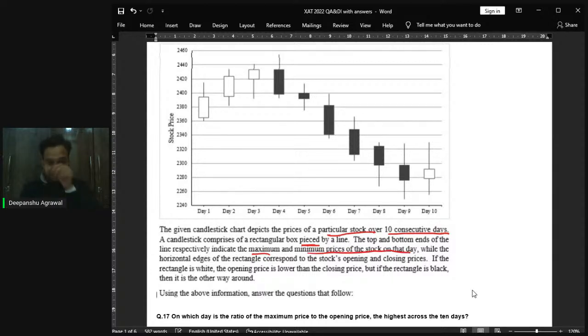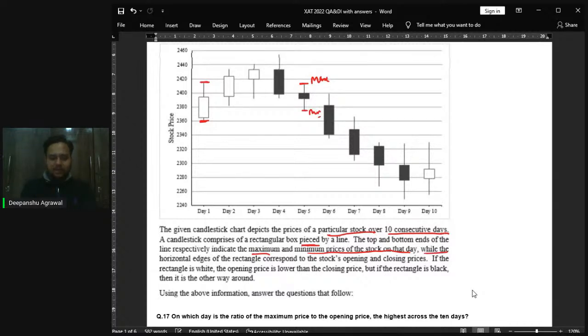That means on day one, the maximum achieved price was this, and the minimum achieved price is this. Suppose on day 5, this is the maximum, and this is the minimum.